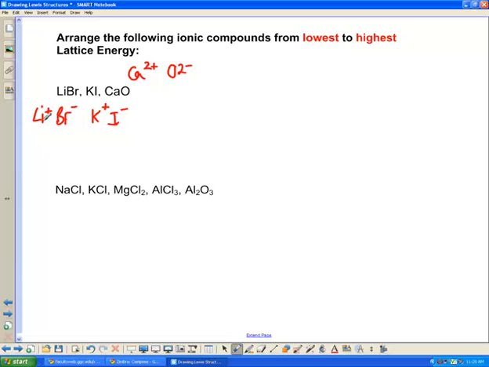If we look at, say, lithium, potassium, and calcium, the thing that we'll notice is the fact that the sizes are not hugely different, but their charges are. Calcium has a much higher charge, has twice the charge of potassium and lithium.